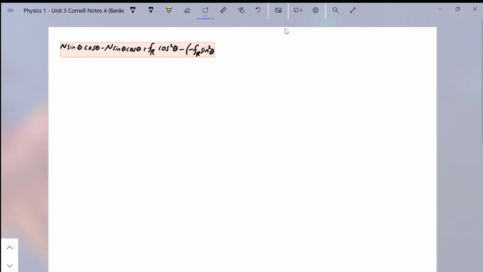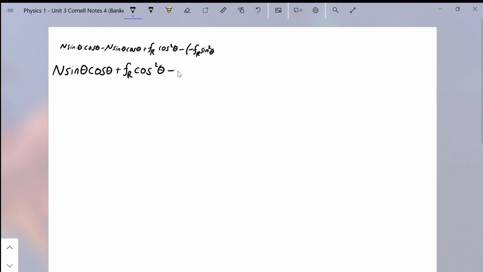Okay, so if I paste this back in, I have n sine theta and cosine theta. That's horribly written because it's running out of space. So let me fix this. My first equation was n sine theta cosine theta plus f sub r cosine squared theta.